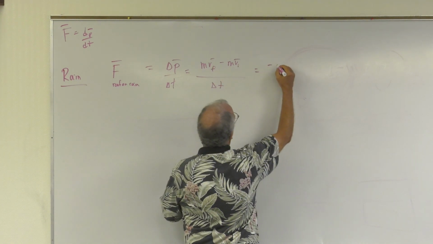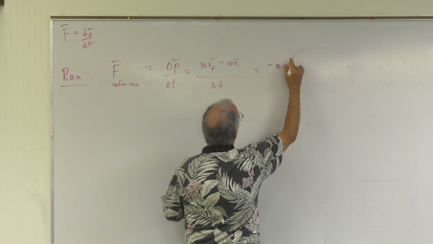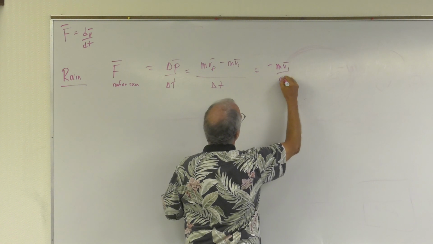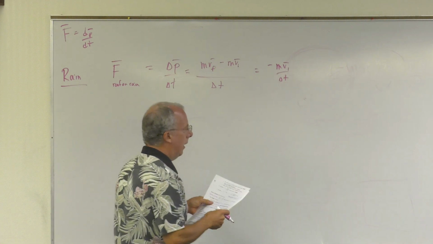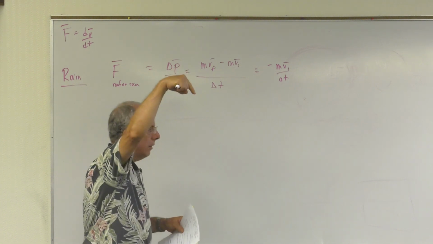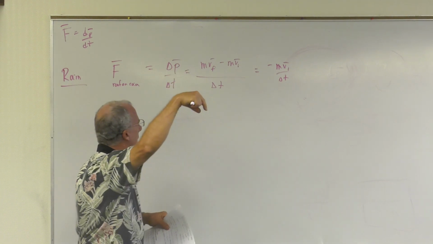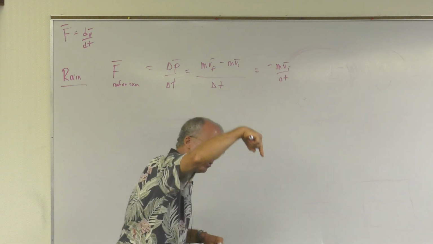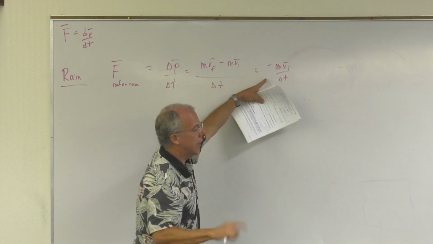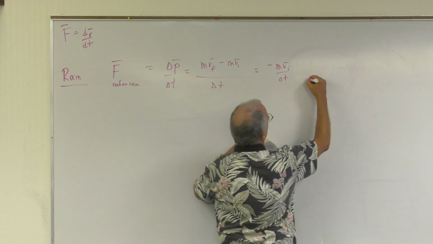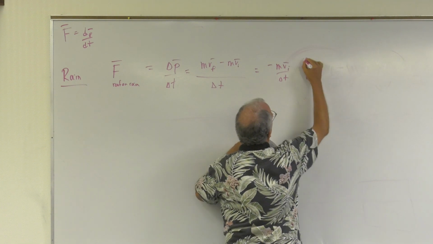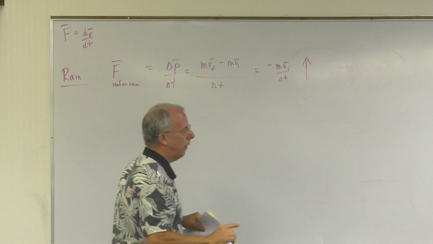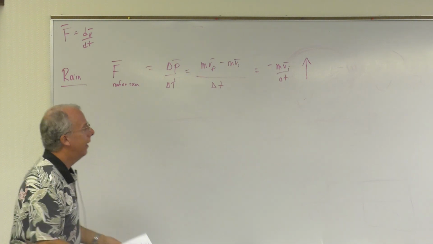So we just get minus mV initial over delta T. And V initial is this way, right? And a minus sign means it's that way. So this points up. Agree? Minus mV initial points up. No kidding! I mean, come on.